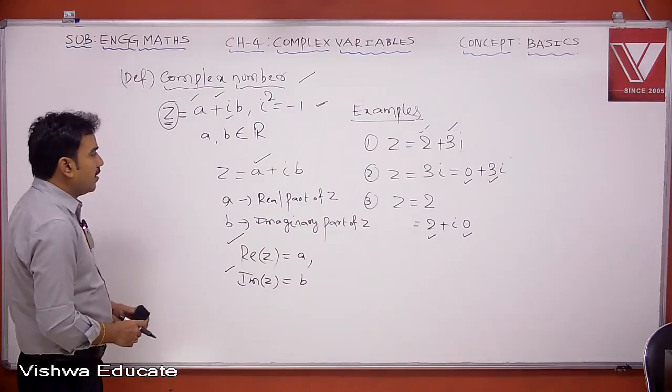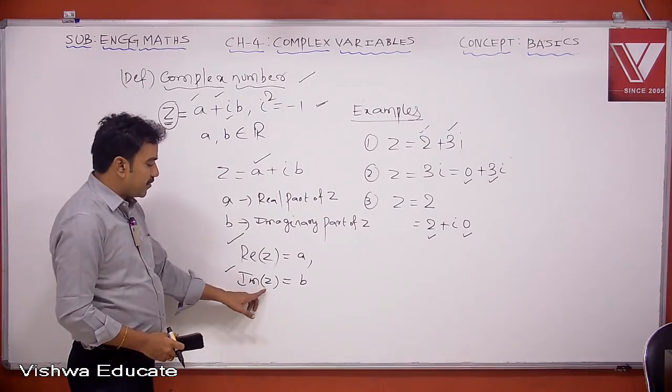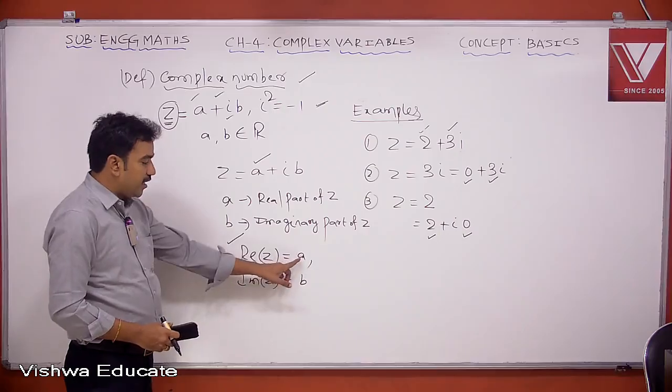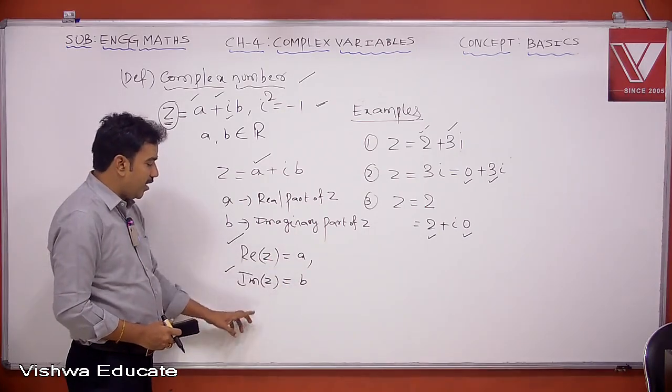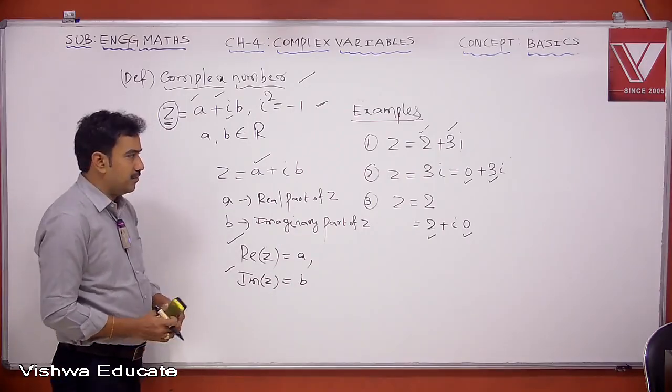They are denoted by Re of z and Im of z. Therefore, Re of z equal to a and Im of z equal to b.